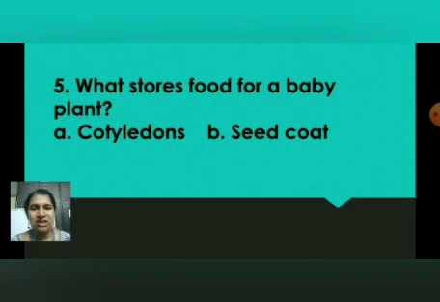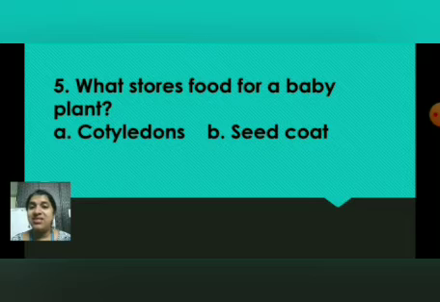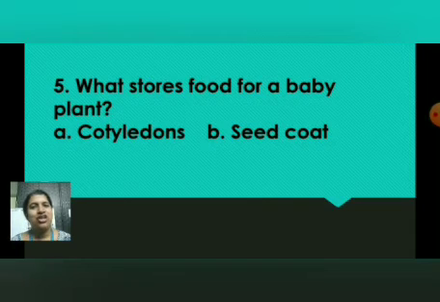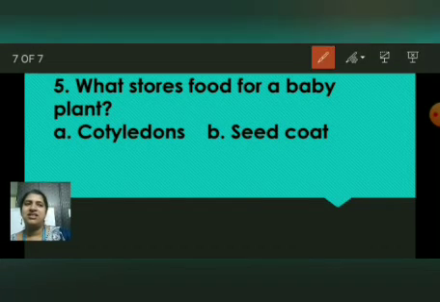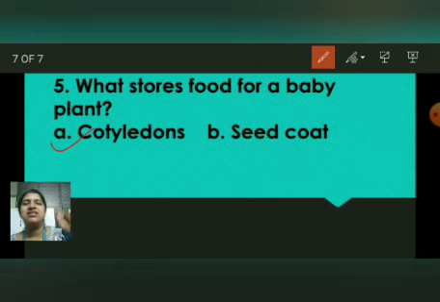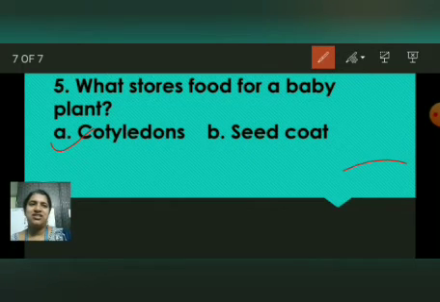Is it the cotyledons or is it the seed coat? Now the seed coat is just an outer covering to protect the flesh of the seed. So the actual job is done by the cotyledons. So your answer is cotyledons. Yes, I hope you've understood this.